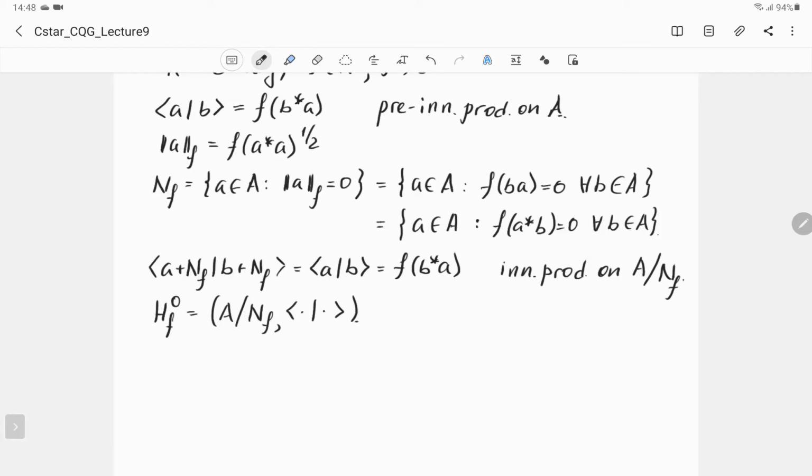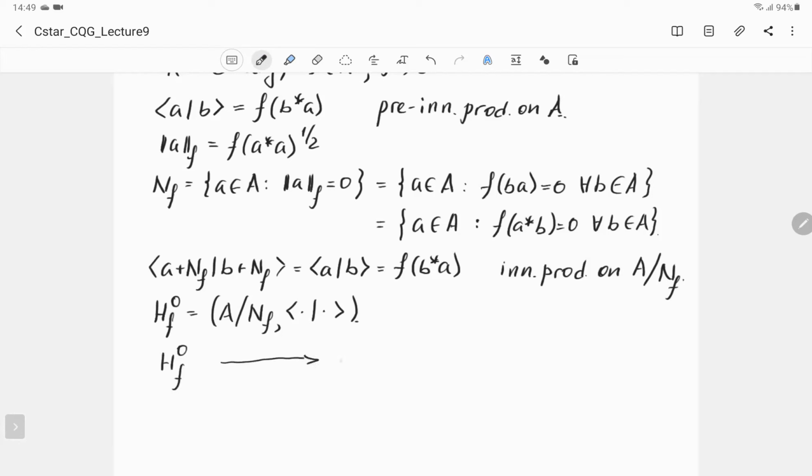Now, if we look again at this equality, it implies that N_f is not only a vector subspace, but it's also a left ideal of A. And so the quotient of A modulo N_f becomes a left A-module in a natural way. So we can consider the corresponding representation of A on H_f^0.